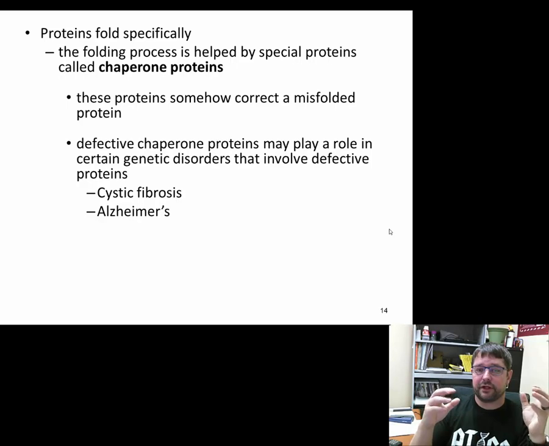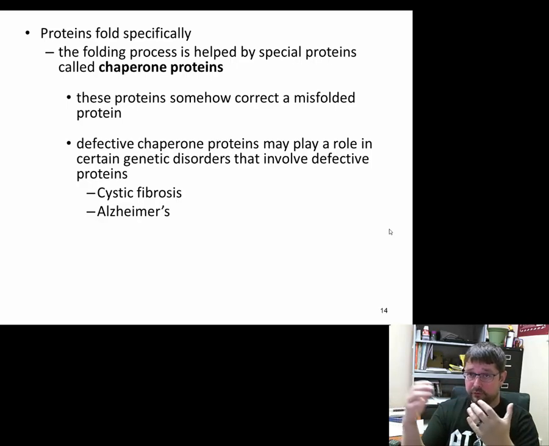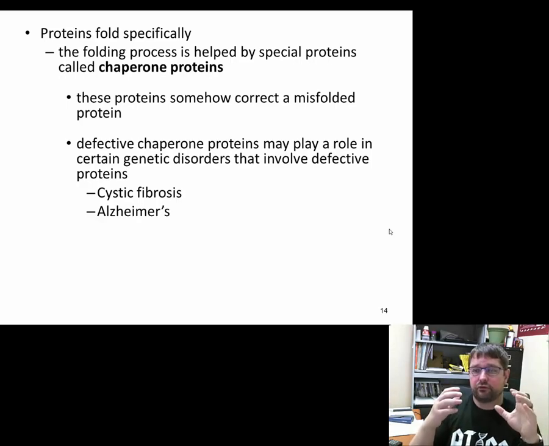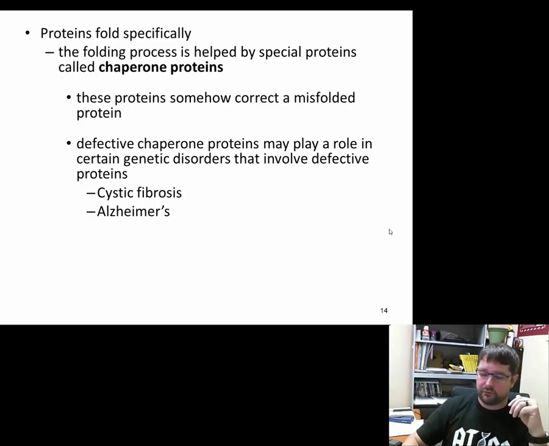Alzheimer's, which is also linked to these defective chaperone proteins. If we can understand how chaperone proteins work, specifically how they work, then maybe we can start looking at how to correct the defects that we see in things like cystic fibrosis and Alzheimer's.